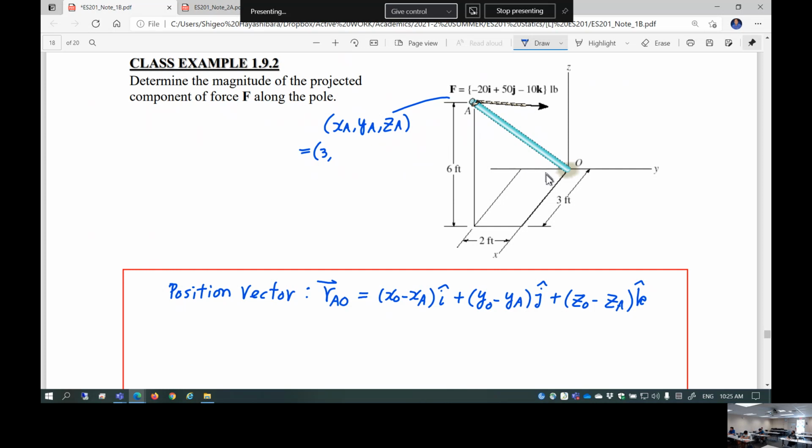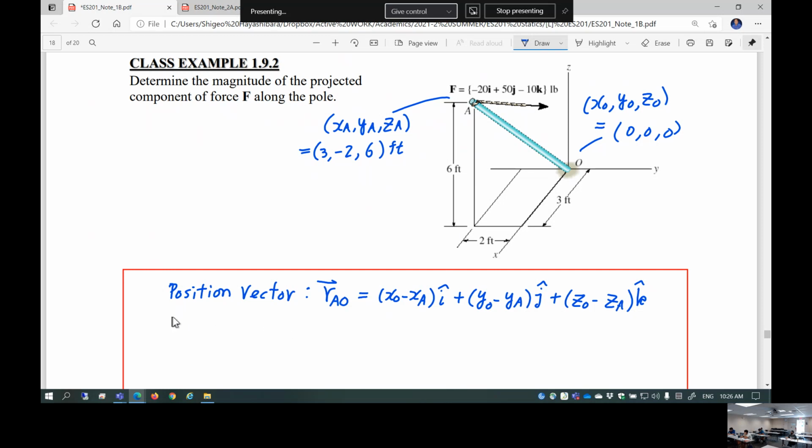X is 3, and YA, what's YA? Y is negative 2. Yeah, that's right. ZA, Z is positive, so that's 6. Make sure you follow through it. So this is the coordinate position of A: 3, minus 2, and 6. Of course, here is the coordinate origin, XO, YO, ZO, 0, 0, 0.